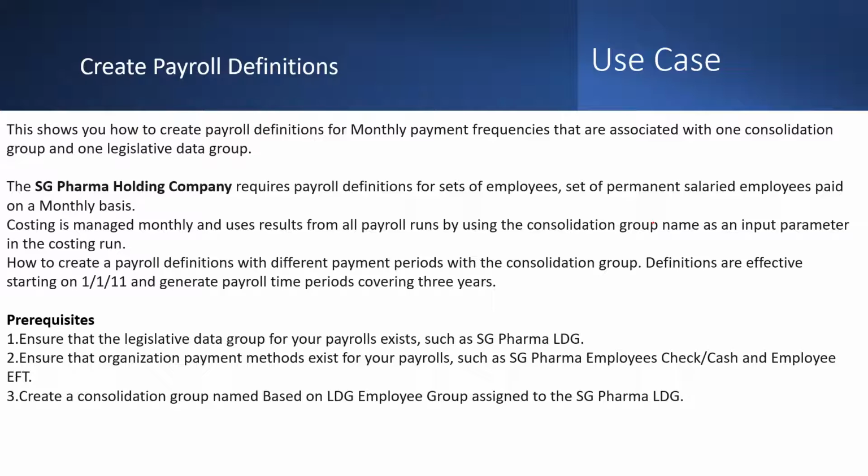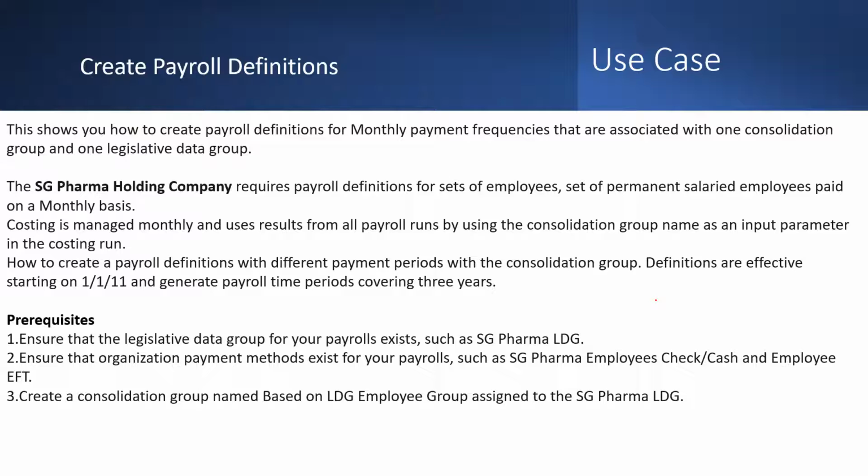Clear? So what is the use case I'm discussing? There is an SG Pharma holding company that we have defined, and they want to define a payroll for a set of employees. These employees are permanent employees, and we are going to pay on a monthly basis. Costing is managed on a monthly basis, and the payroll needs to be consolidated into a single group name.